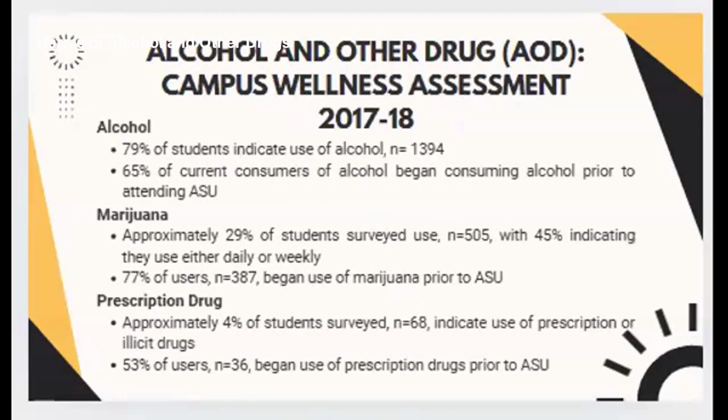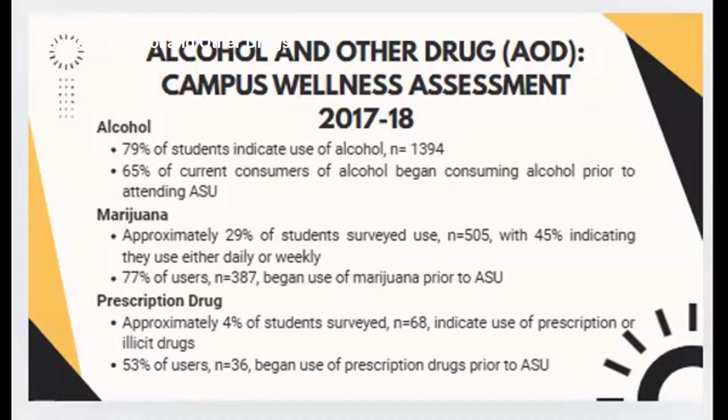In a slightly more recent, just before COVID, 2017-2018 alcohol and other drug data that was collected demonstrated the majority of students use alcohol, and a majority of these students used alcohol prior to coming to college.